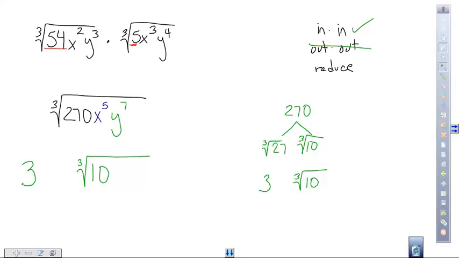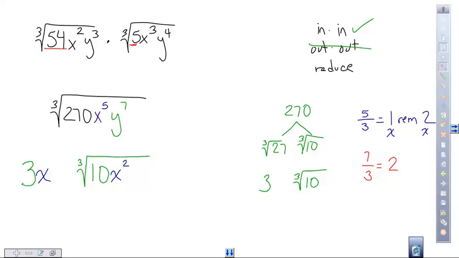Remember from yesterday, we said that when we're reducing variables, we're really interested in how many times the index goes into it. 5 divided by 3. Well, 3 will go into 5 one time with a remainder of 2. So that means 1 x comes out and 2 x's remain behind. We've got to do the same thing for the 7.